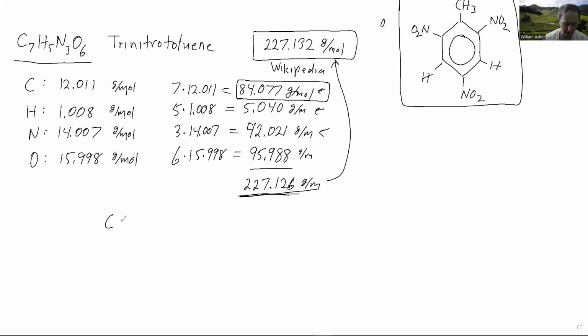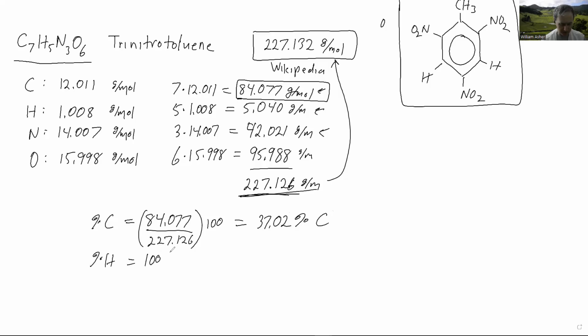So for carbon, the percentage of carbon in TNT is equal to 84.077 divided by 227.126, and we have to multiply that by 100 to get a percentage. And so that is 37.02% carbon.